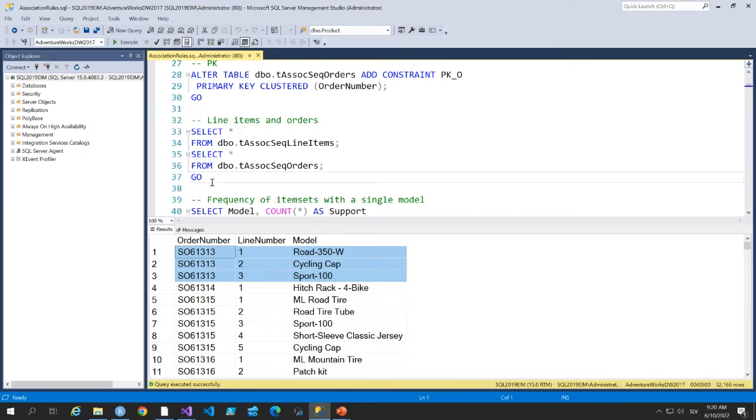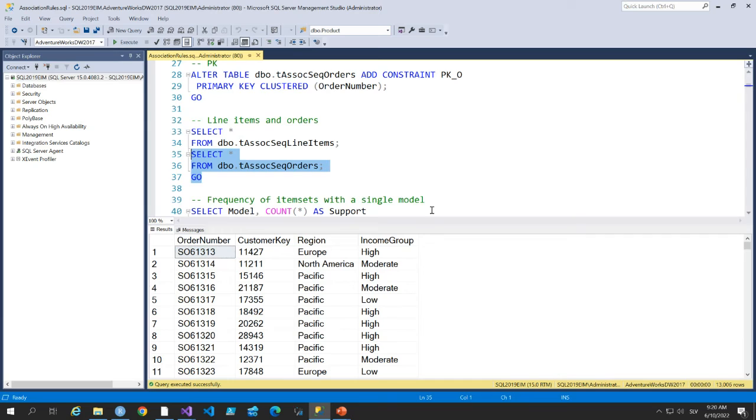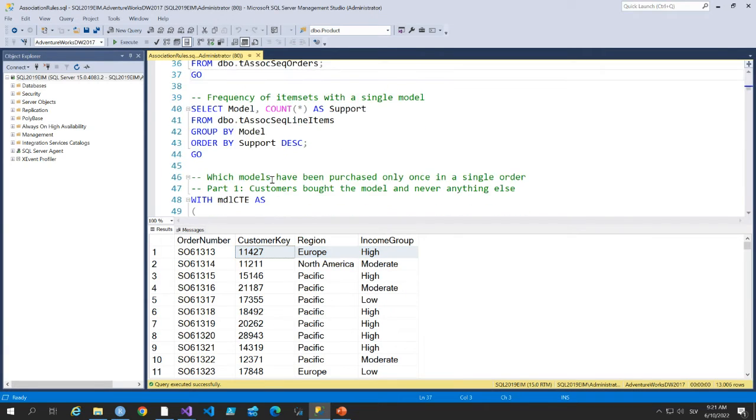And I could start analyzing, but I also have orders in a separate table. Why? Because I have a link to customers, so I could add some demographic data from customers, and this helps me maybe analyze data in groups. So let's start analyzing.